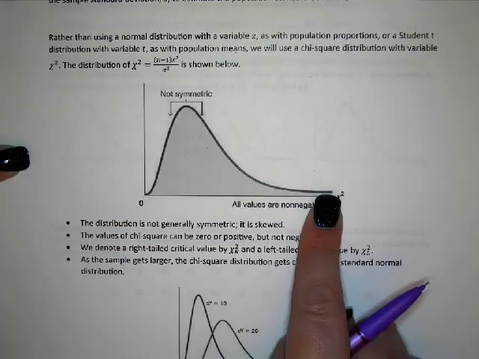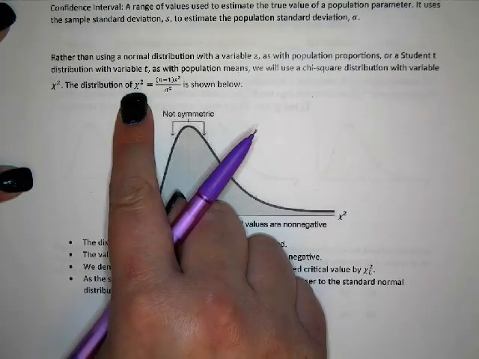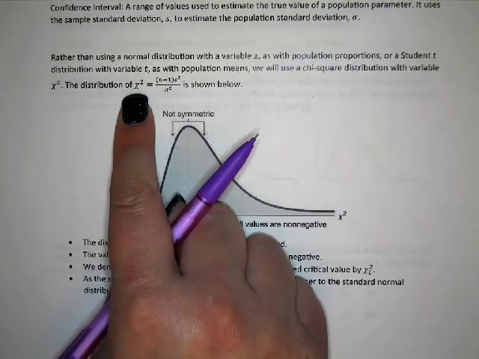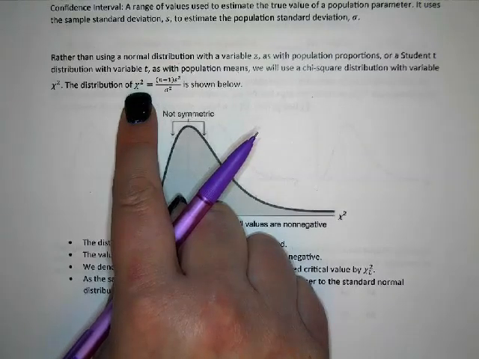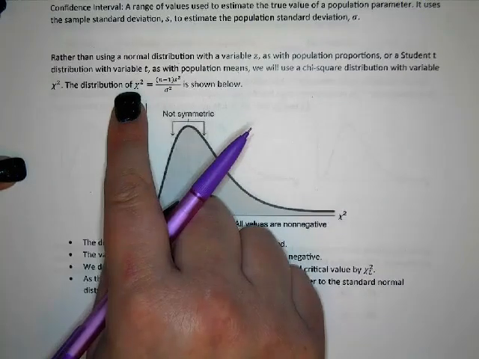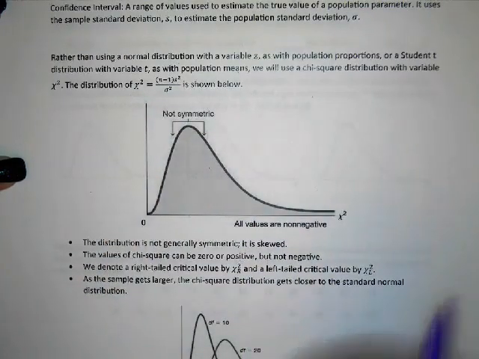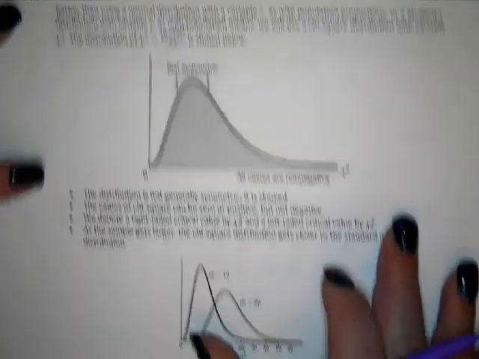They're all positive. The reason for that is because chi-square comes from standard deviation, where we were summing several numbers, all the data points, which were values that had been squared. That's why we call it chi-square, not because this is a variable that has actually been squared, but because it represents numbers that have been squared.